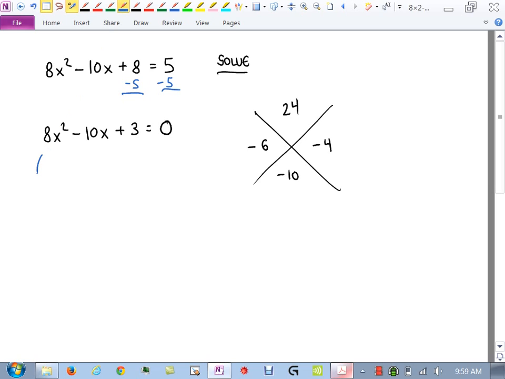I rewrite this, 8x squared minus 6x minus 4x plus 3 equals 0. So bringing down the ends, rewriting the middle, using those two numbers.